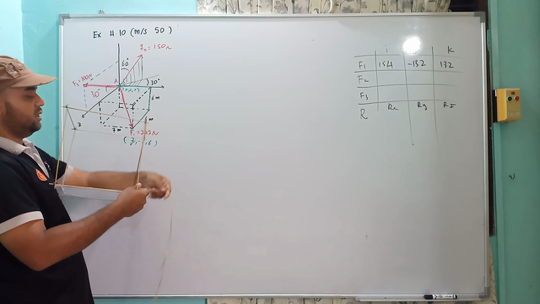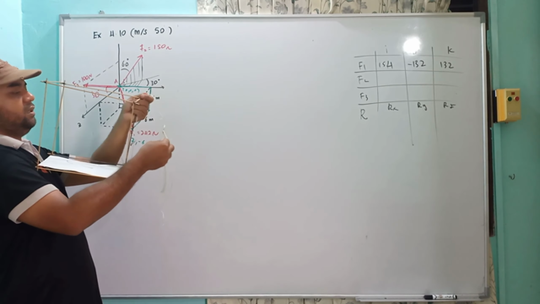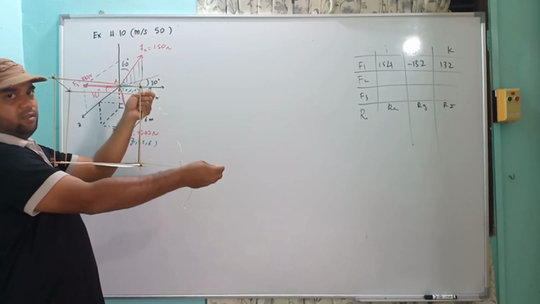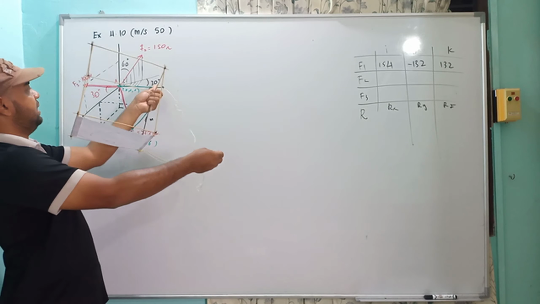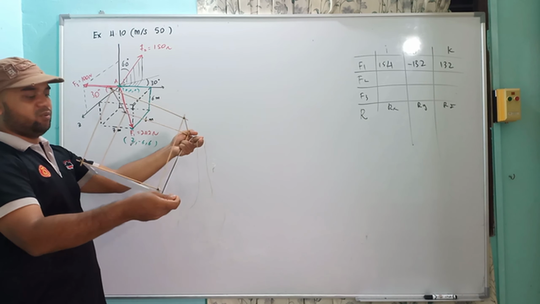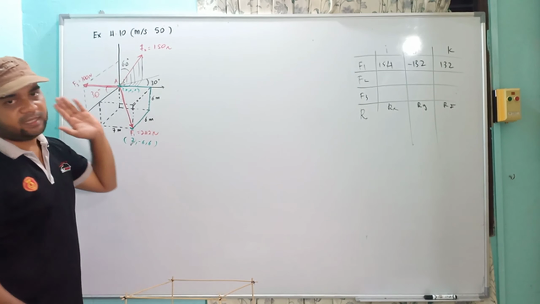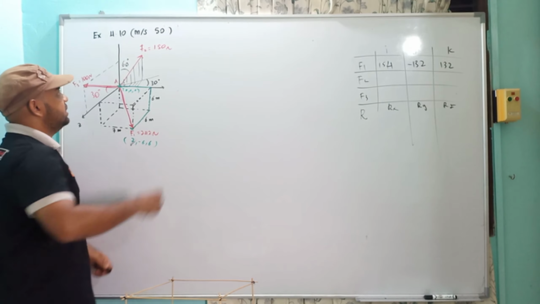So you want to resolve this first one into y, and the other one into the x-z surface, and the one in the surface you can resolve back, one into x and the other into z. So we can use the second angle method.